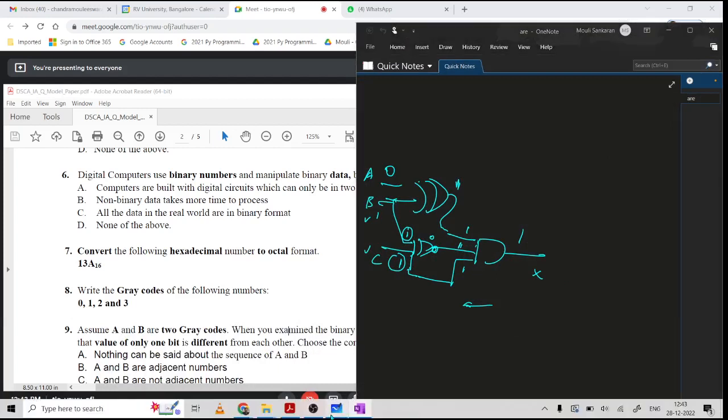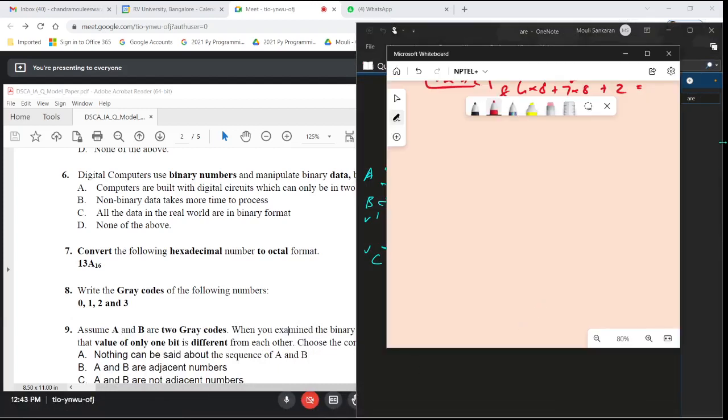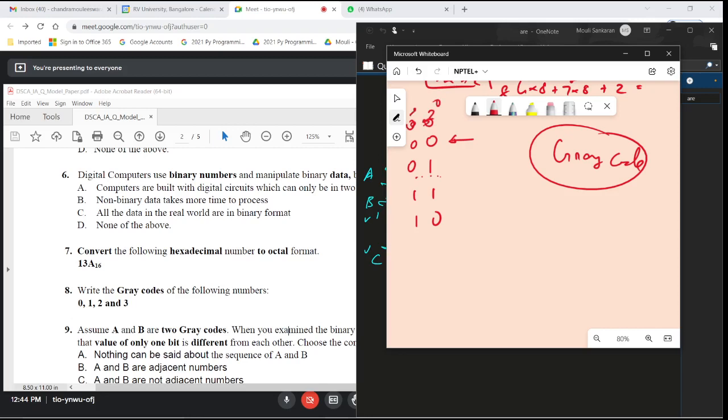How do we construct a gray code? Initially, you start with 0 and 1, and then you find the mirror image of that and add 0, 0 to it and 1, 1 to it. One more thing you remember, what I mentioned in the class: gray codes do not have any weights associated with them. You cannot find the value of that with 2 power 0 or 2 power 1.